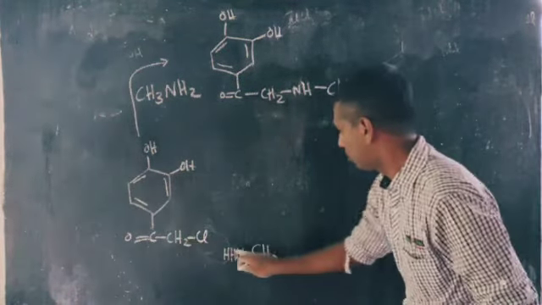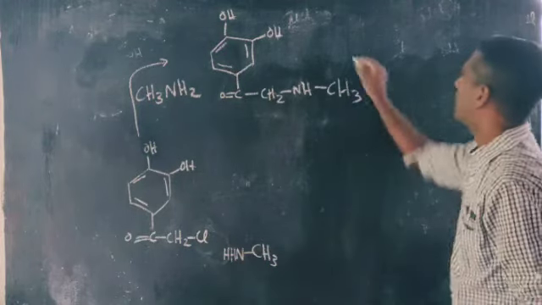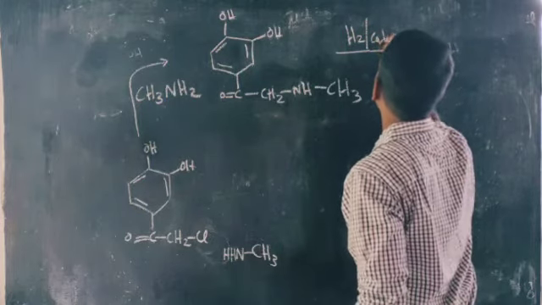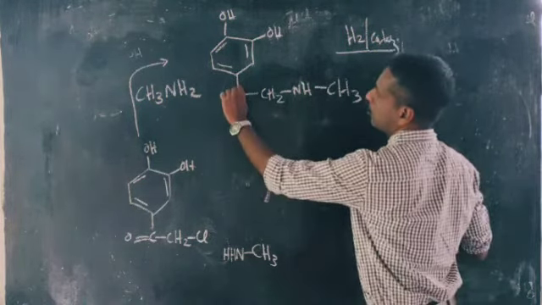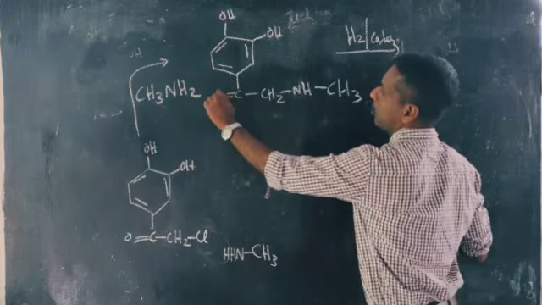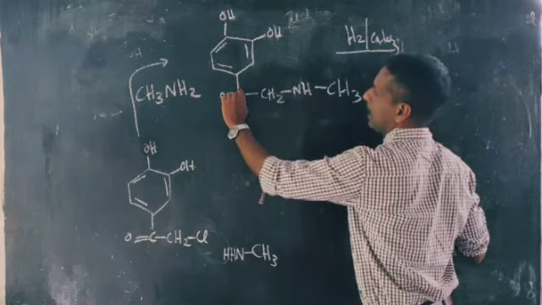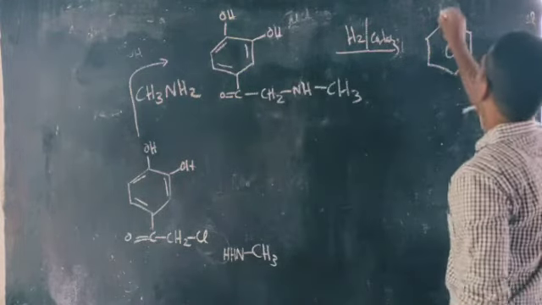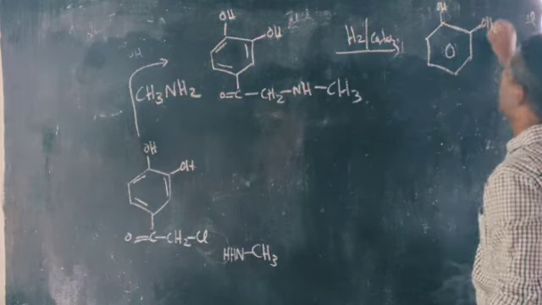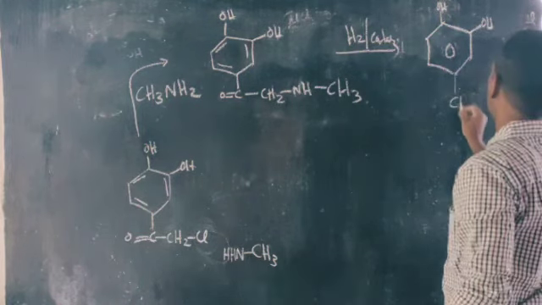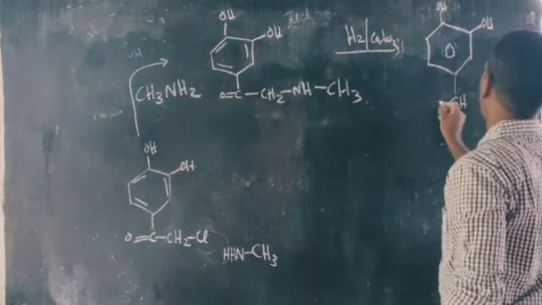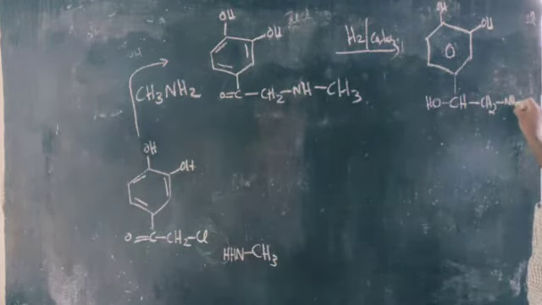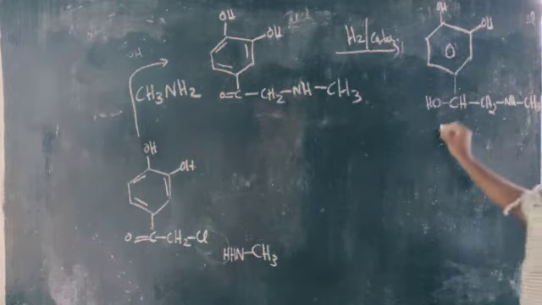This on reduction with H2 in the presence of a catalyst, the CO group will be reduced to CHOH, and we get a structure like this. Here it is OH, here is also OH, and this will be converted to CHOH, and the rest is as it is, CH2NHCH3. This is adrenaline.